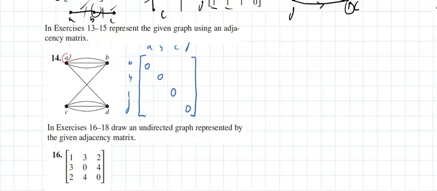Let's talk about A. A happened to have 1, 2, 3 to B, and 1 to D, none to C. B happens to have 3 to A, 1 to C, and that's about it.